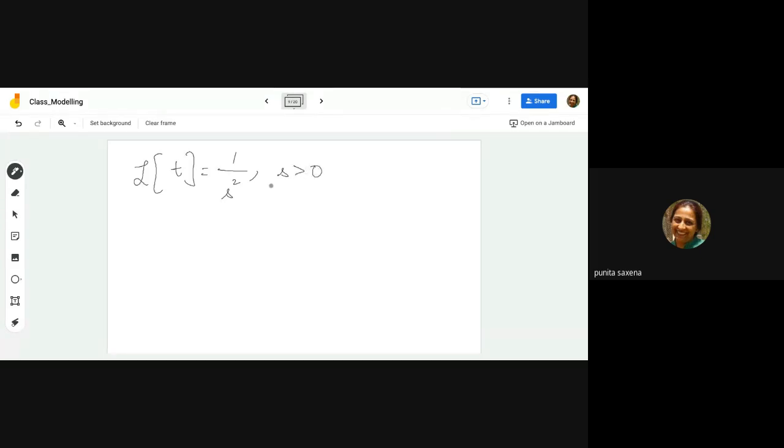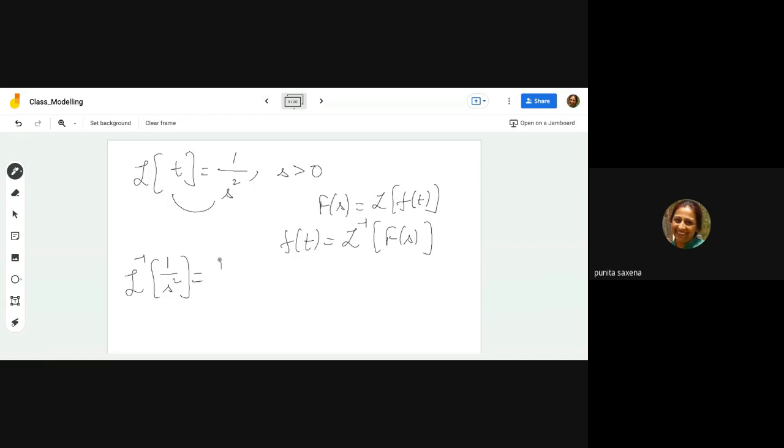And we have seen that if my F of s is the Laplace transform of ft, then my ft will be the inverse Laplace of F of s. So basically from here, we can say that inverse Laplace of 1 upon s square is going to be t. So it's like you're working from one function to another.